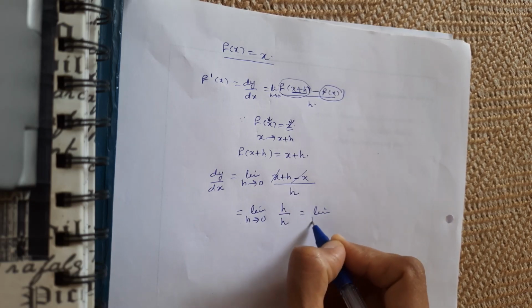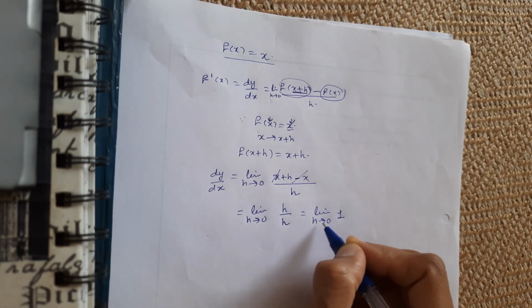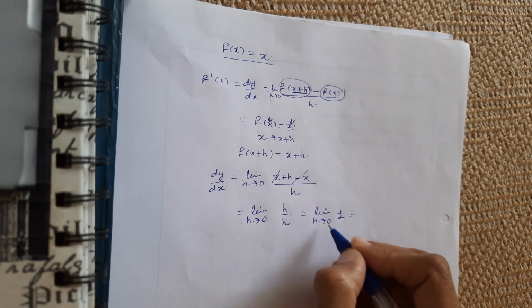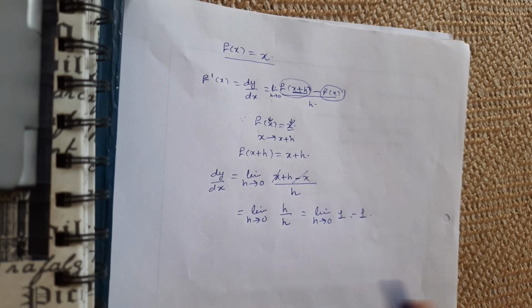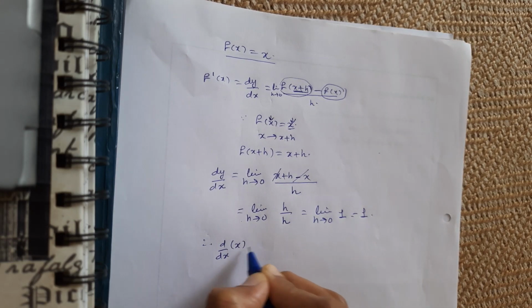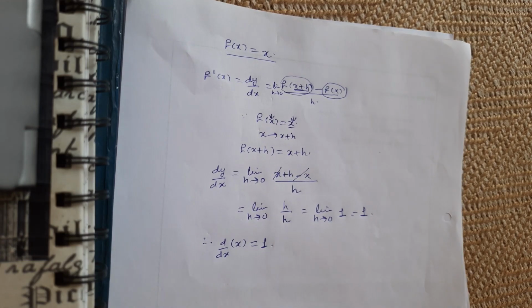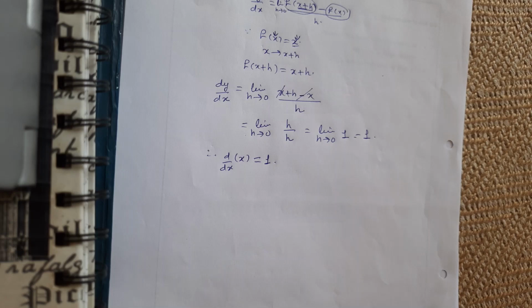I get limit h tends to 0, 1. Now this is a constant, so the limit is not applicable. The limit will be 1. Therefore derivative of x is equal to 1. So that's how we find the derivative of the function.